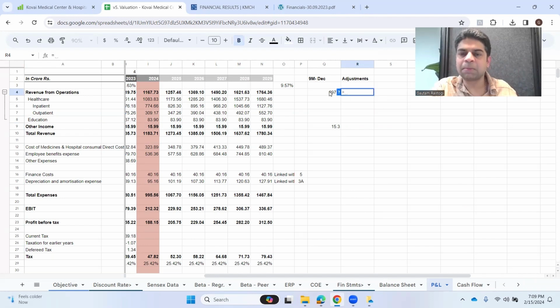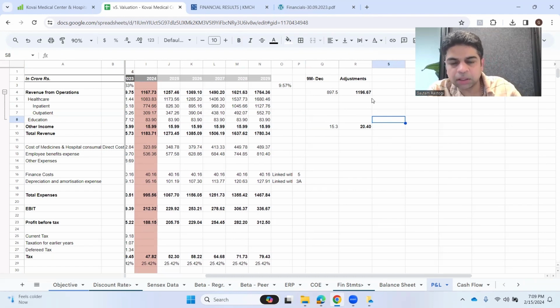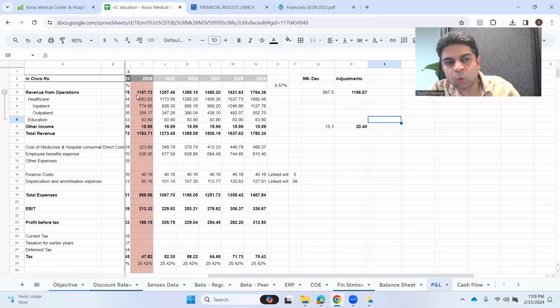So let's first make it quarterly, very crudely. How do we do that? Divide it by 3 and then annualize it by multiplying by 4. If you see, we had estimated 1100-something, and they are almost at 1200.